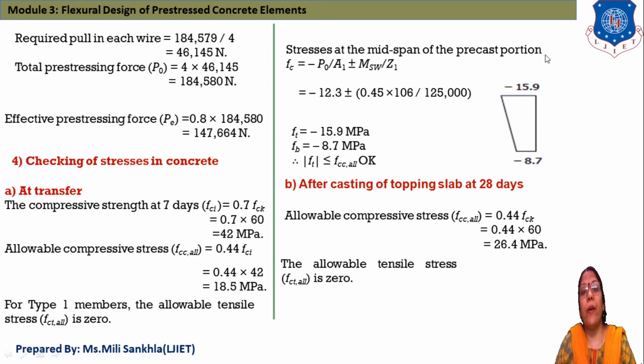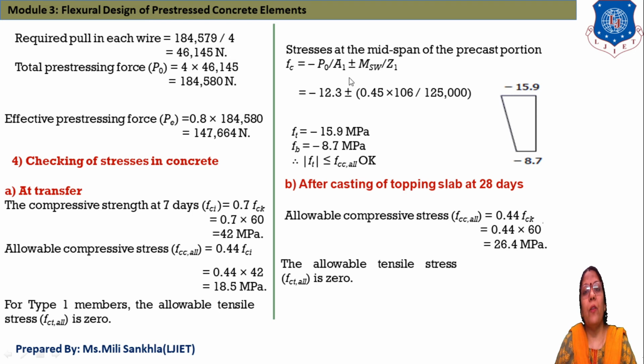Stresses at mid span for the precast portion. Now we find the stresses FC equal to minus PO divided by A1 plus or minus MSW divided by Z1. PO is 12.3 plus or minus MSW 0.45 into 10⁶, then Z is equal to 1,25,000.